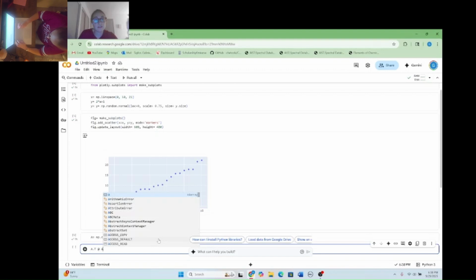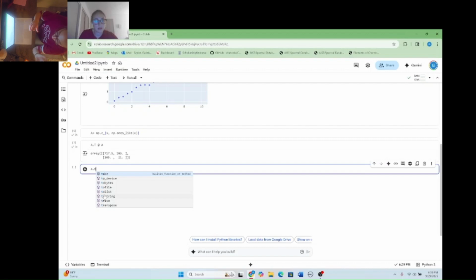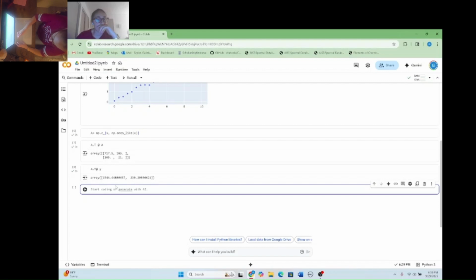Okay, so we have that here. So now let's do A.T times our y. This should give us a 2 by 1 matrix. So shift enter. Okay. And then the next thing that we want to do after this is we want to have our vector of coefficients, because that is going to help us get our y model. And our y model is going to be the thing that we use to find our line of best fit.